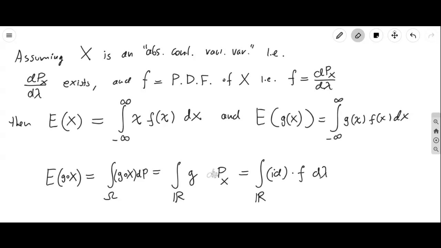That's what you call the distribution. The distribution is the induced measure. And then assuming the Radon-Nikodym derivative exists, that's what we call an absolutely continuous random variable. This function, by the way, you call that the PDF, the probability density function of x. You would then replace it by that function. But instead of the identity function here, you just have g.